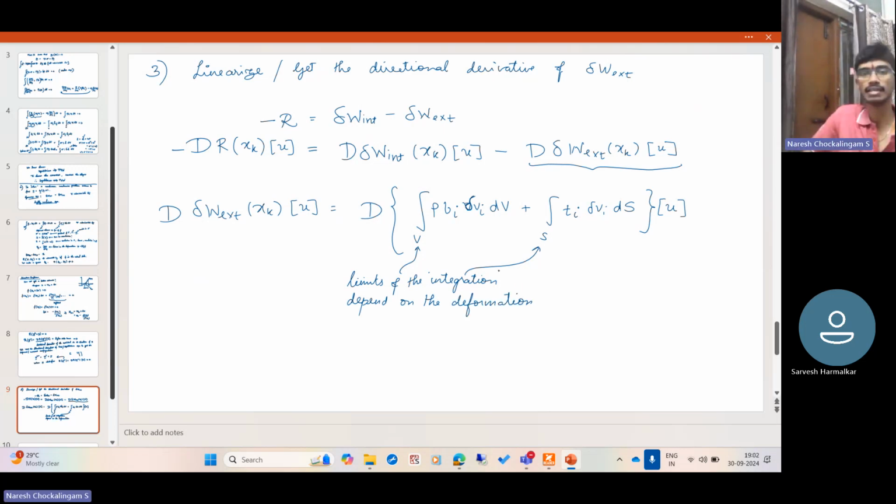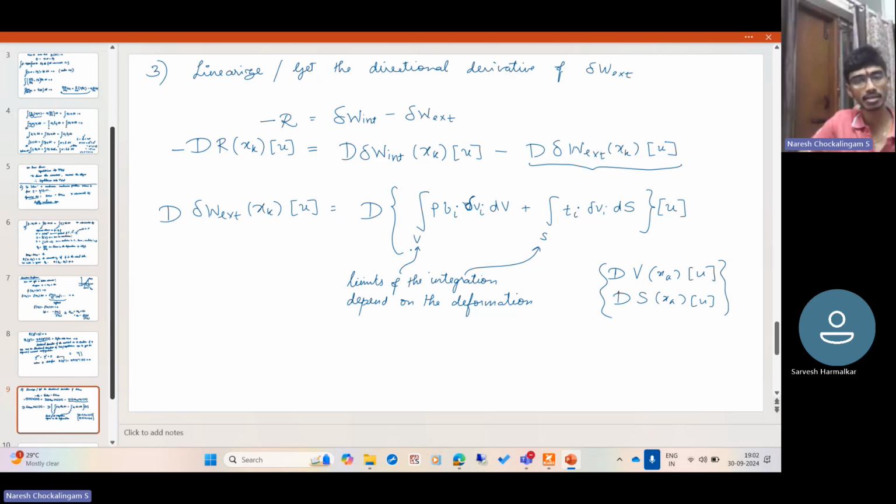So if you have to take the derivative, this is some kind of a directional derivative, you have to consider the directional derivative of the deformed volume with respect to the direction u, and you also need to consider the directional derivative of this surface in the direction u. So this is slightly hard because you need to use some form of Reynolds transport theorem.